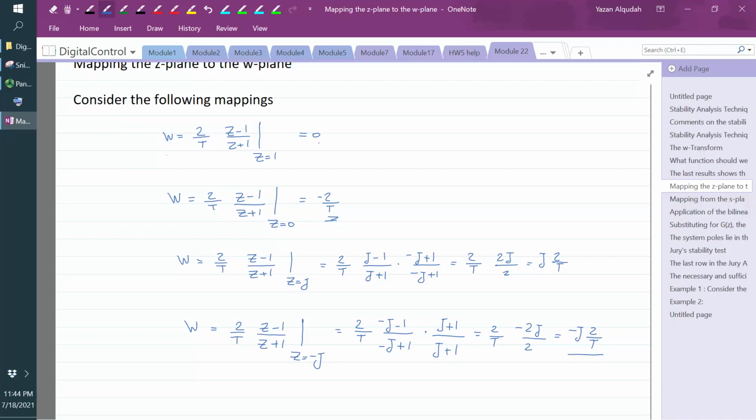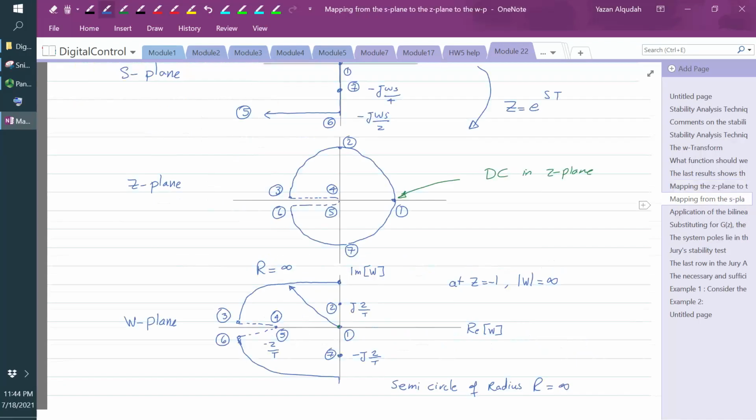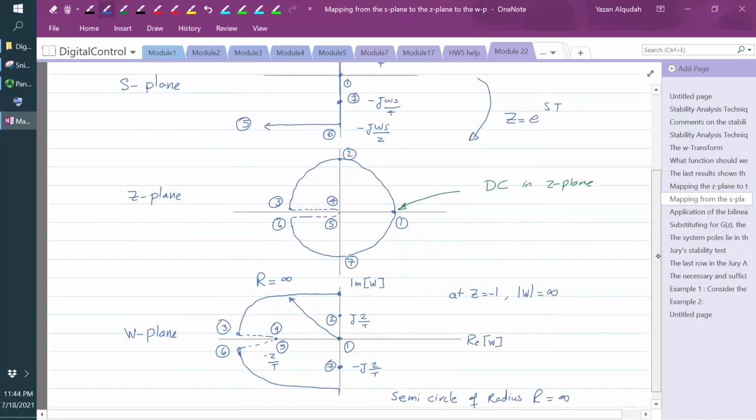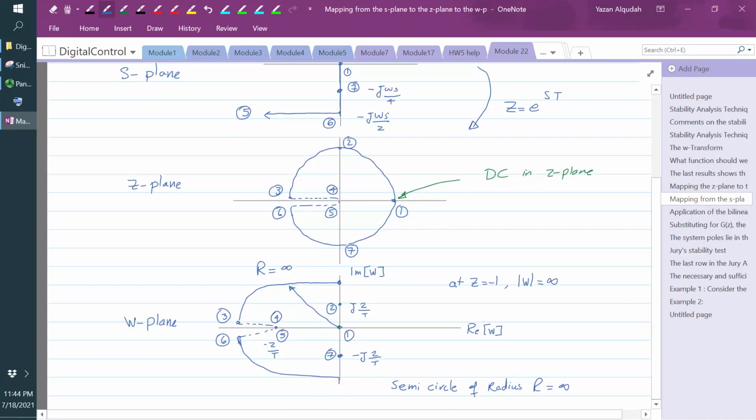So let's go and try to plot these locations and see how they got mapped. Let's look here, and for the time being, ignore the s plane. So we are in the z plane. We took these different points here.